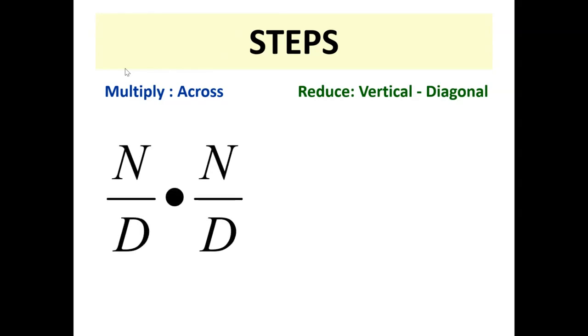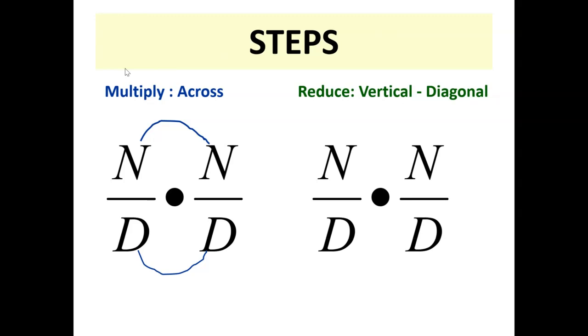If you choose to multiply first, then you always multiply across, meaning a numerator and a numerator, a denominator and a denominator. If you choose to reduce first, you can choose any numerator and denominator of your choice. That could be vertical, like this way, or it could be diagonal, numerator, denominator, this way.